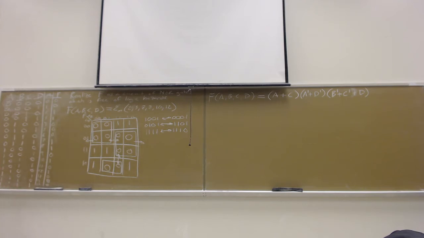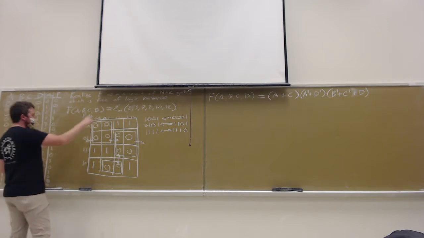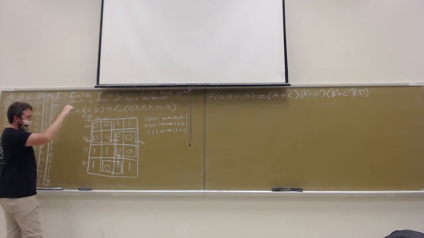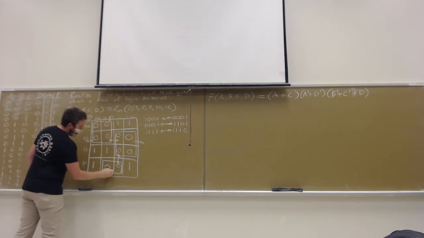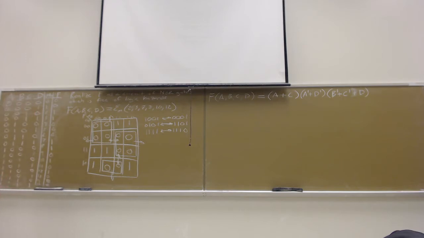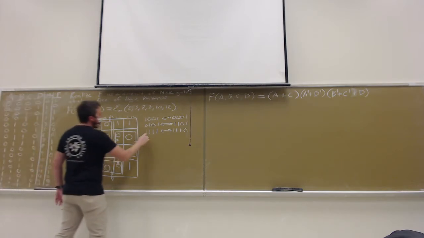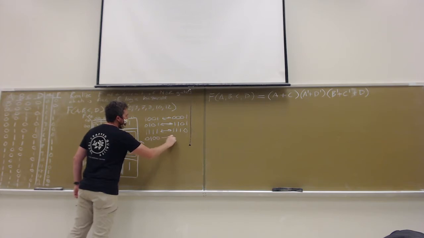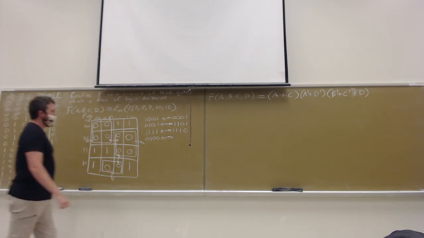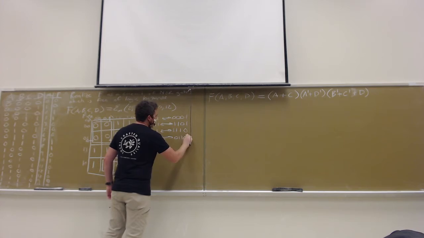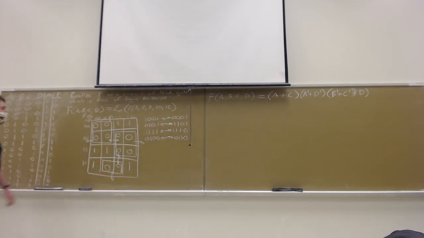And 4 and 6. Would you say 4 and 6? Yeah. That's 0, 1, 0, 0 and 0, 1, 1, 0. Is that all?